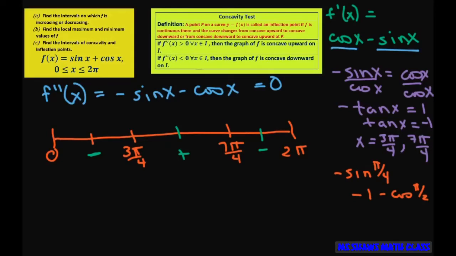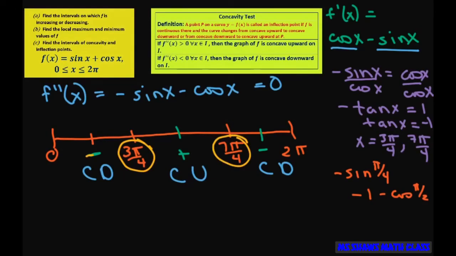And all that tells us is this is concave down, concave up, concave down. So that means we do have inflection points at 3 pi over 4 and 7 pi over 4 because it's switching from negative to positive and then positive to negative.